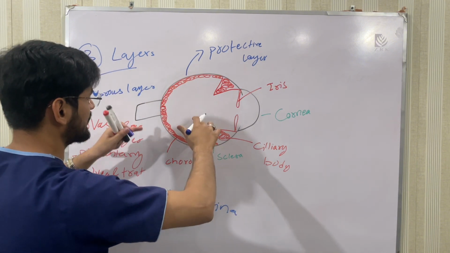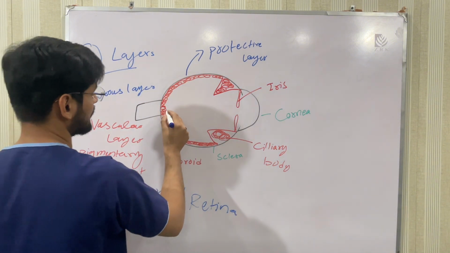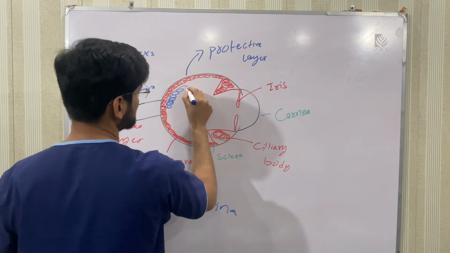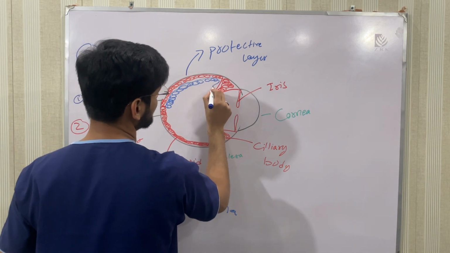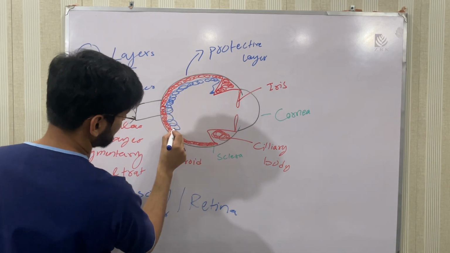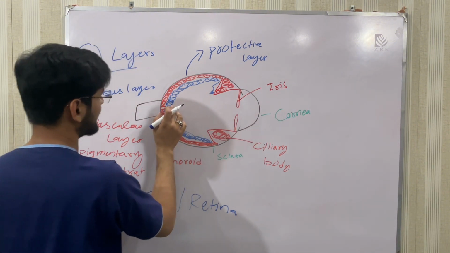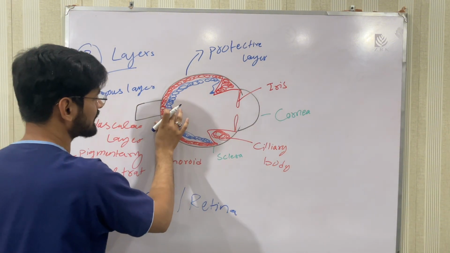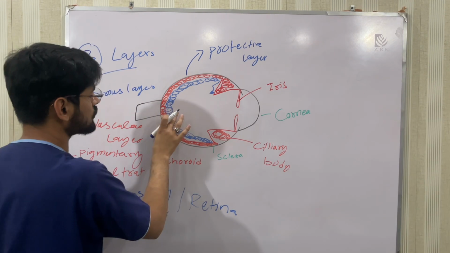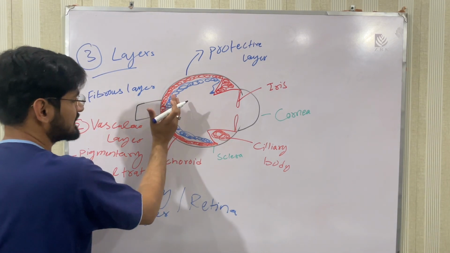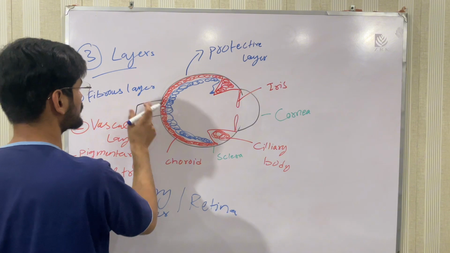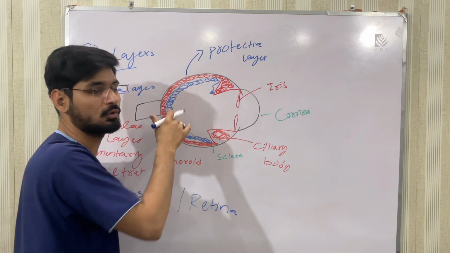All of this protection is for the retina. Light comes to the eye and focuses here, and from here we have rods and cones. By the help of these cells, an action potential is generated and goes to the brain. By this we are able to see.